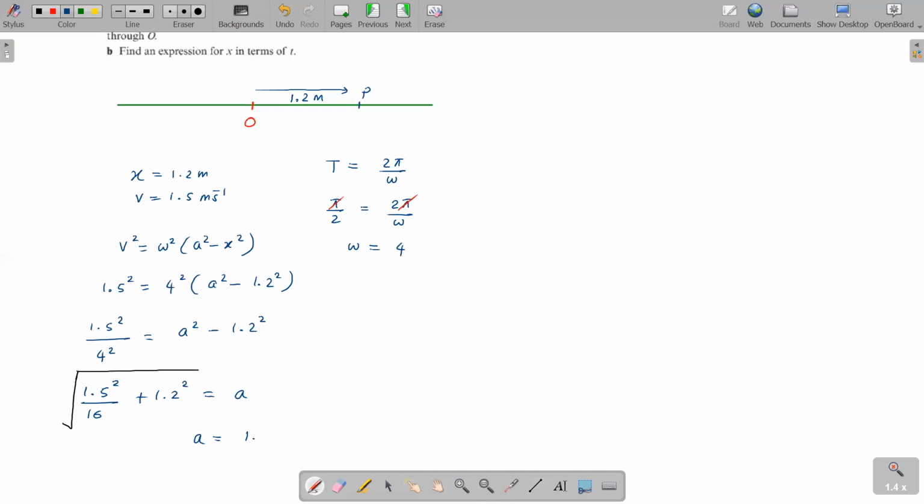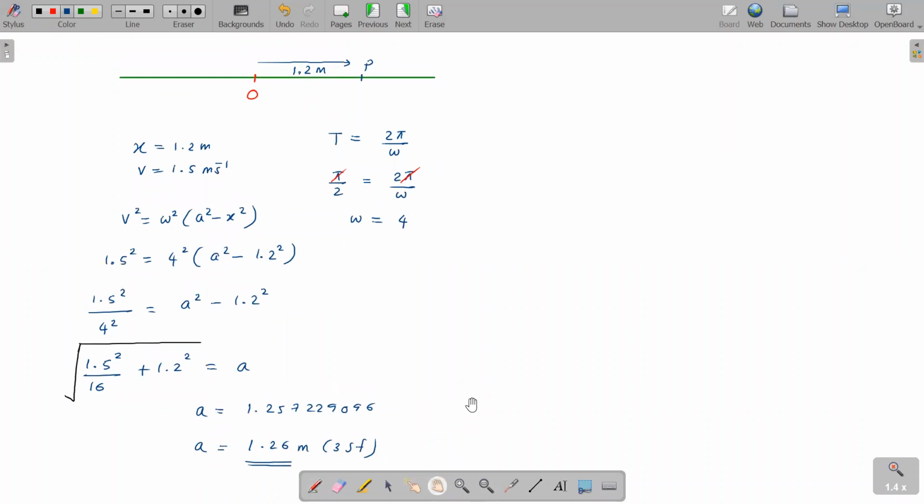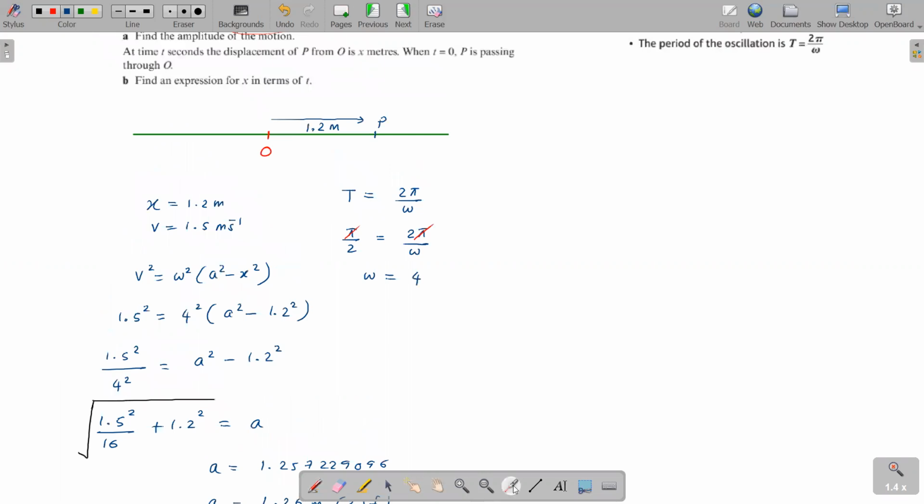Get me the full answer. So you get 1.257229096, it goes on. So basically you can give your A here to 3 significant figures, 1.26 meters. So this is the amplitude, basically the maximum displacement.